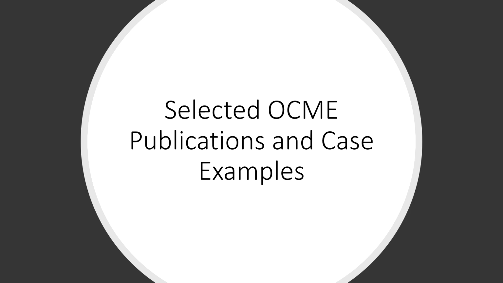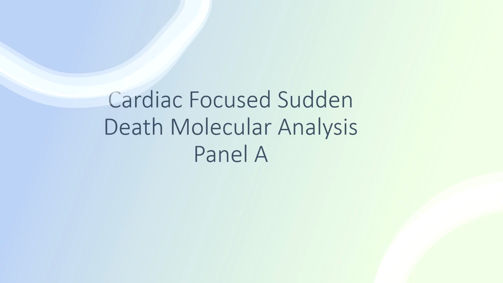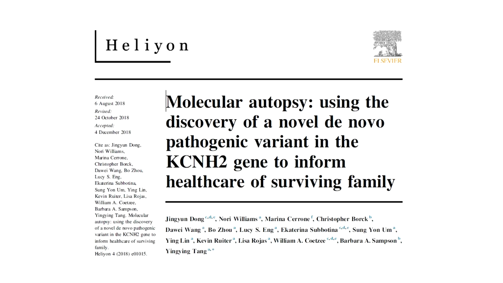Selected case examples and publications. In the next session, the case examples are from the cardiac-focused sudden death molecular analysis Panel A testing. The first case report was published in the journal Hum Mutat in 2018.